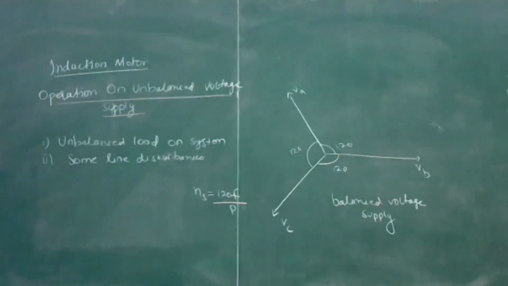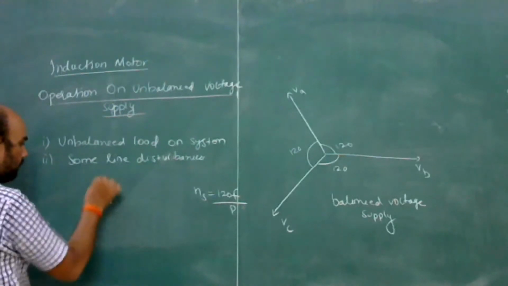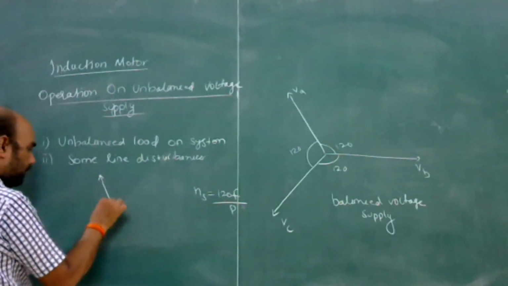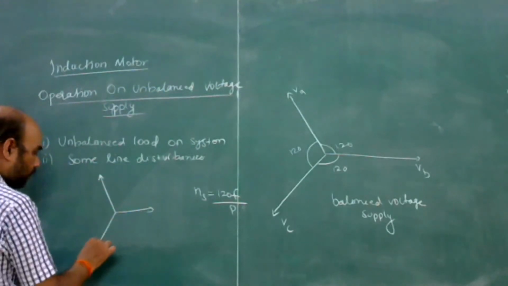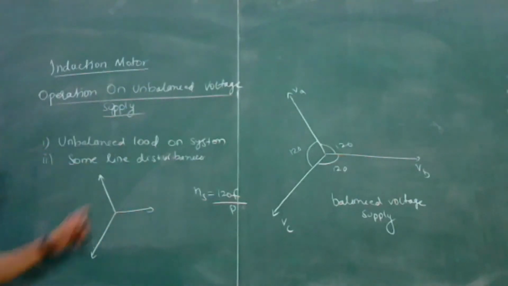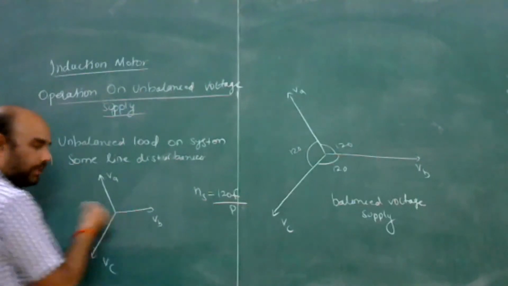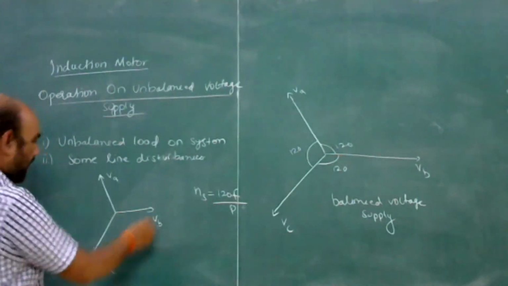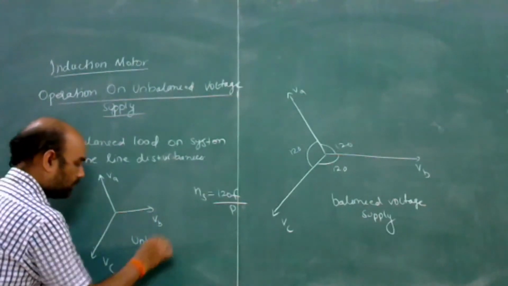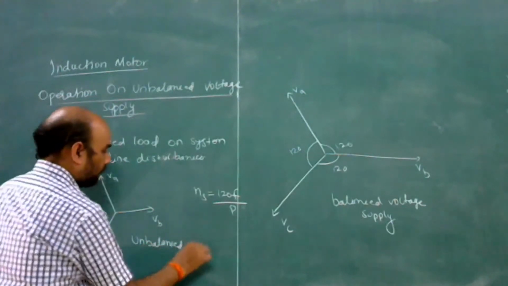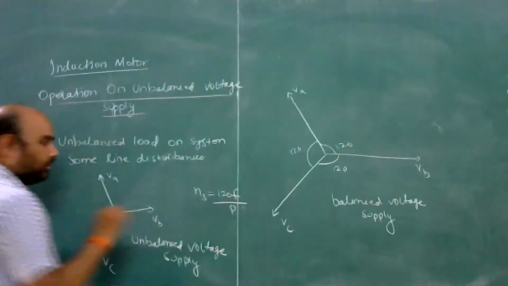Now, when an unbalanced load is connected to the system, the voltages will no longer be equal, and the displacement between these voltages is no longer equal to 120 degrees. It will be less or more, and the magnitudes of this unbalanced voltage supply will be different.